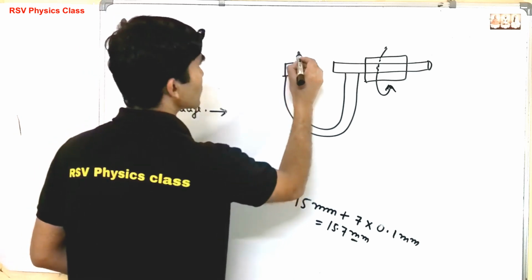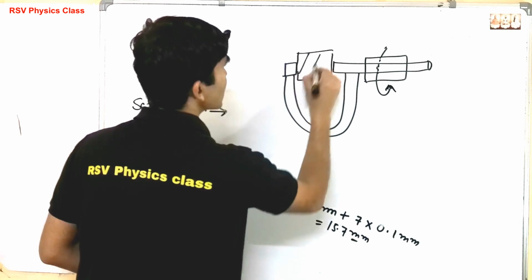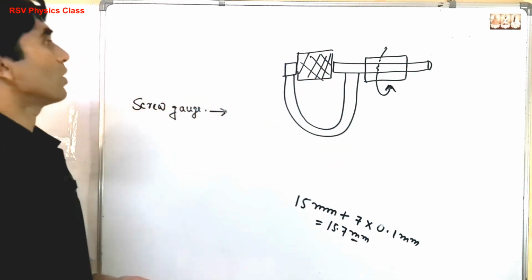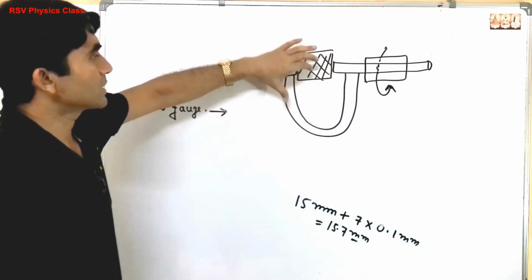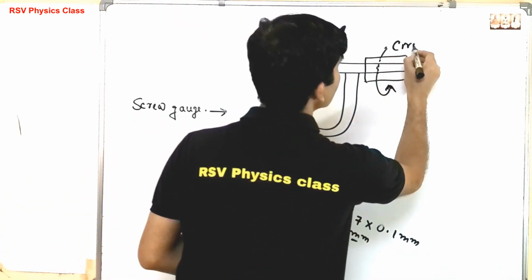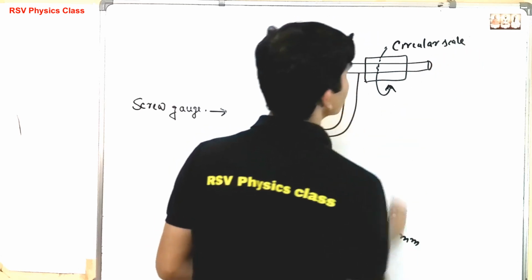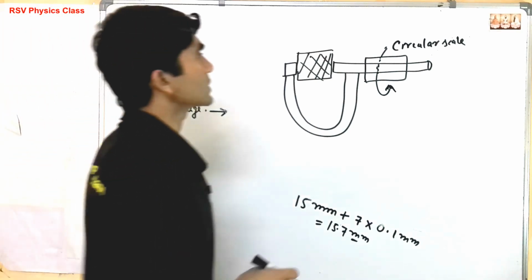So you have to put your object here. You want to measure the diameter or length of this object. You have to put it here. This is a fixed point. Then you have to rotate your circular scale. There are 100 divisions on your circular scale.